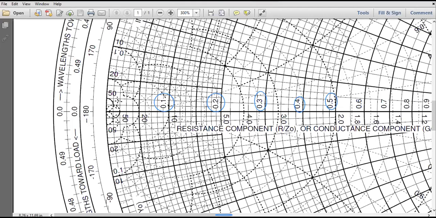And if you go for the red one, this is 50, 20, 10, 5, 4, 3, 2, and so on. This is 1.2, 1.4. All these are the admittance, this is the real part.